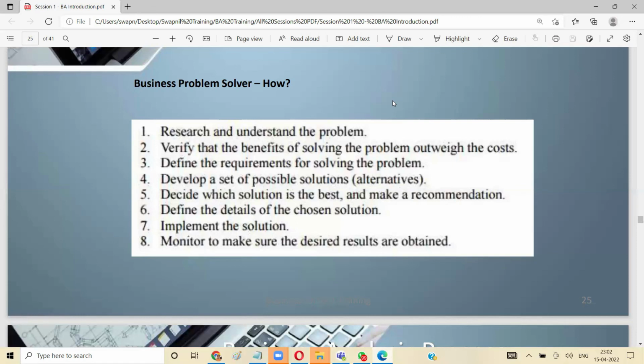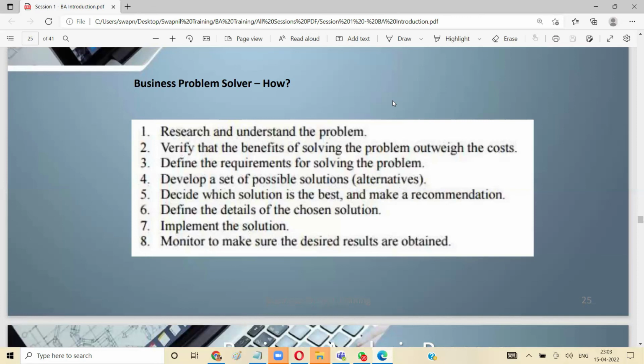But as a business analyst, you are involved, and you should know what is happening. That's called implementing the solution. And finally, you monitor the solution. When you recommend a solution and the development team implements it, you have to make sure that you monitor that the customer is getting benefit from that solution.